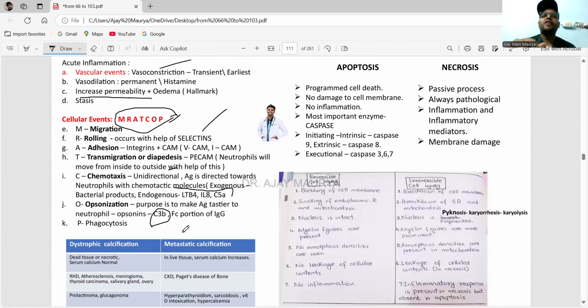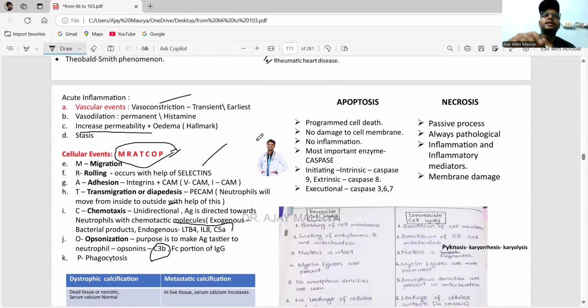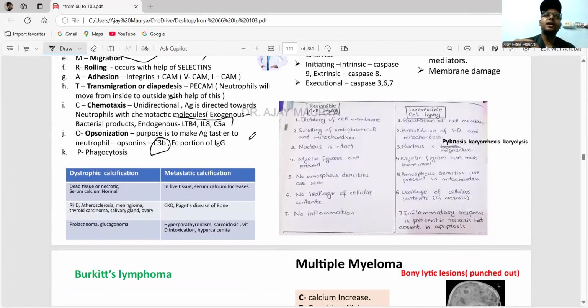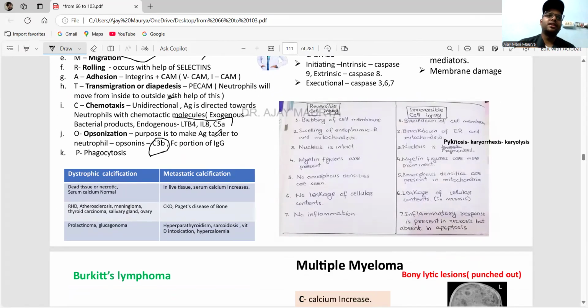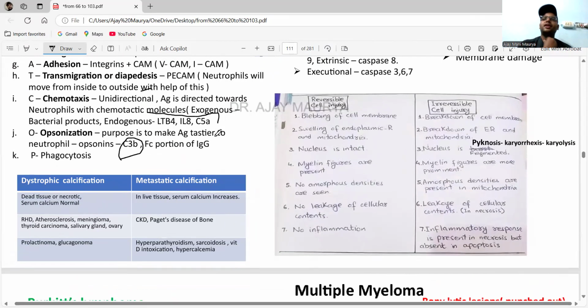P for phagocytosis. This is what you have to learn in the cellular events. Next is dystrophic calcification and metastatic calcification. Remember how they are going to ask in the exams. In dystrophic calcification, the serum calcium level is normal. In metastatic calcification, serum calcium is increased.